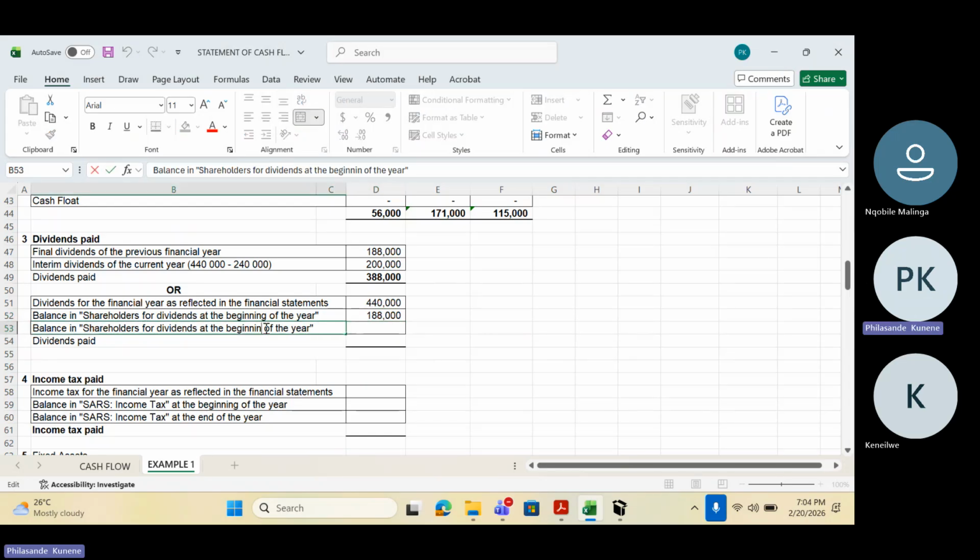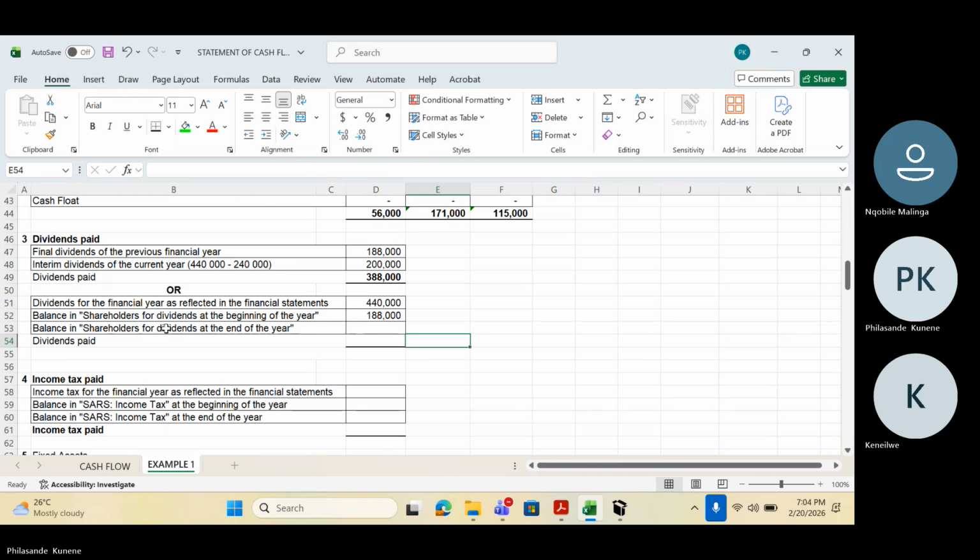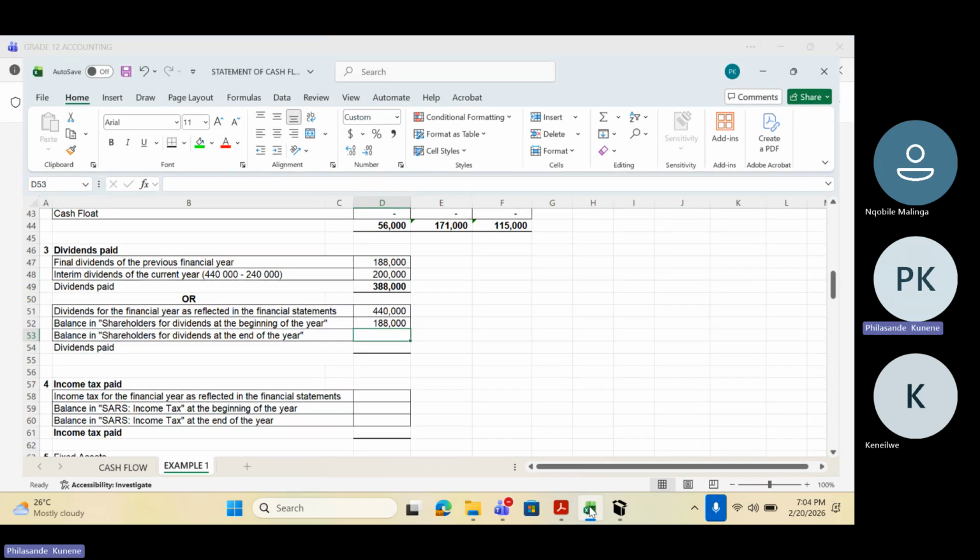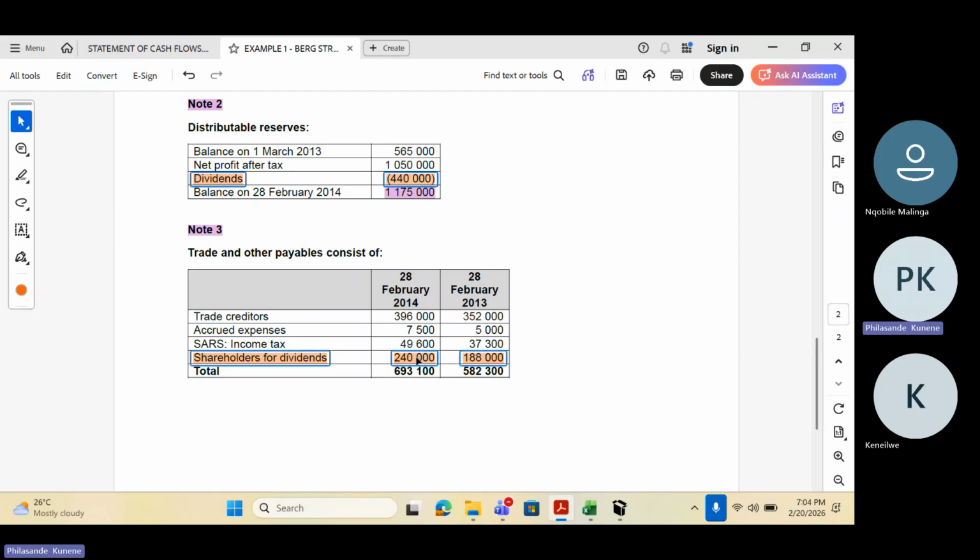Sorry, it can't be at the beginning of the year, it should be at the end of the year. And how much do you get there? We have the 240,000 rands.